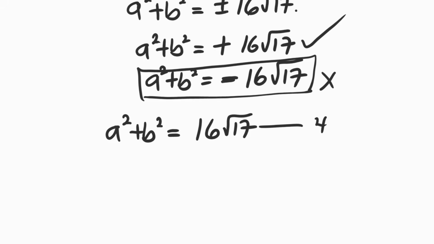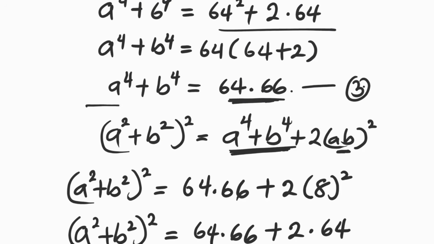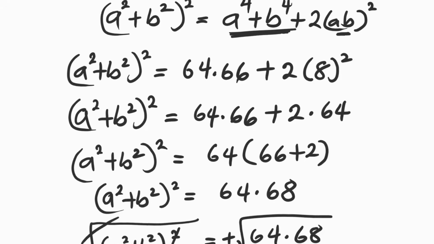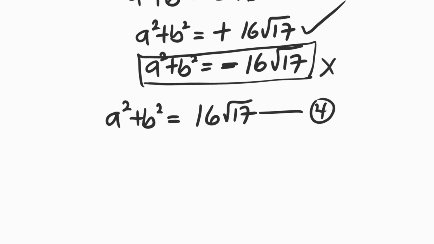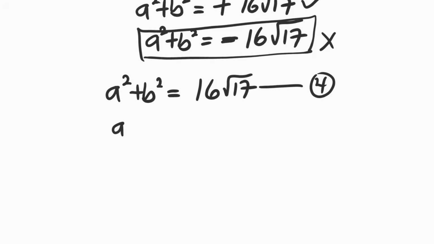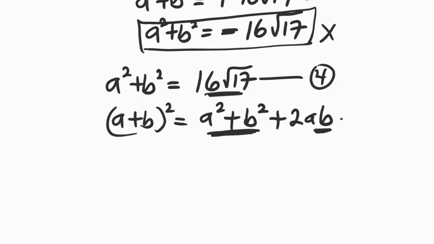Let's say equation 4, I guess. We had equation 3 up here, right? So the question says find a plus b. We're very close to the answer. So now we know that a plus b all squared is equal to a squared plus b squared plus 2ab. We know what a squared plus b squared is. We just found it, 16 root 17. And we know what ab is, 8, right?